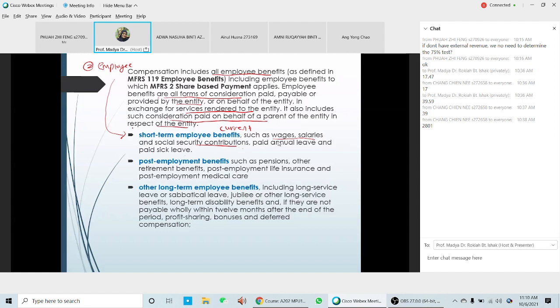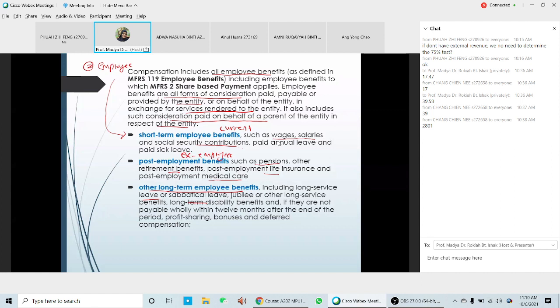And then this one is for post-employment benefit, for ex-employees. Ex-employees are entitled to pension, retirement benefit, life insurance, and medical care. So the post-employees are also considered related parties, and also other long-term employee benefits, for example long service leave, sabbatical leave, jubilee, and so on, bonus and profit sharing.